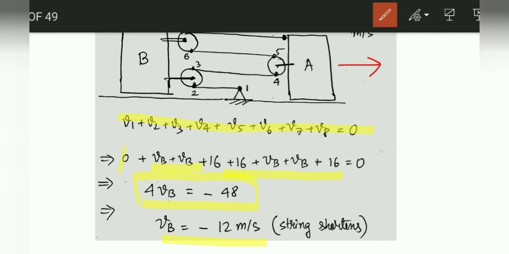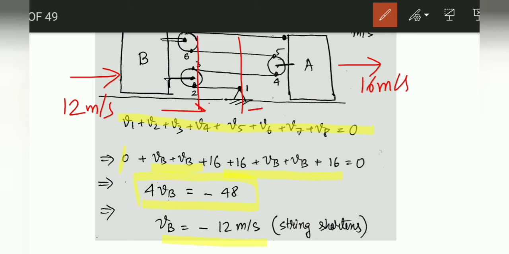If VA is this side, 16 meter per second, VB will also move in this side, 12 meter per second, not the opposite direction. This string will get shortened. This is the shortening and lengthening of the string. Remember the constant length method. This method is another variety of the constant length method only. This dx by dt will be decreasing, so negative. I hope so.